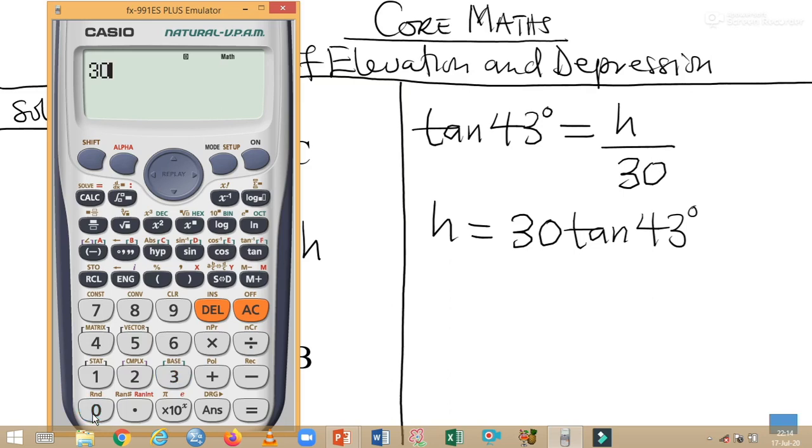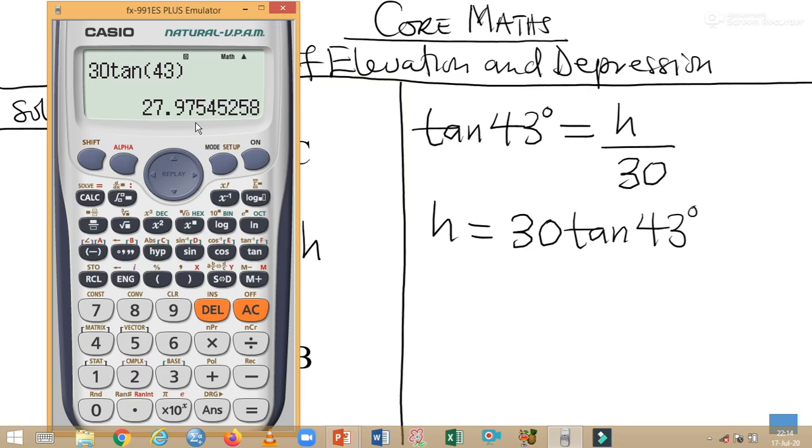So 30 tan 43. So equal to. Right. Now, the calculator has given us the answer.